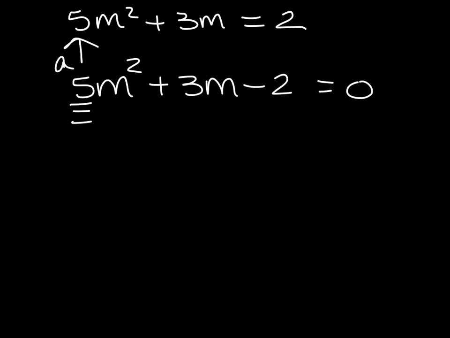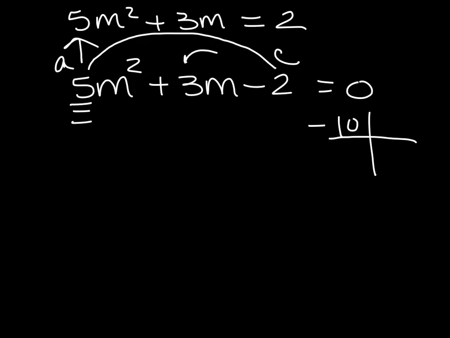Remember, this is A and this is C in quadratic form. So 5 times minus 2 is minus 10, and we find factors of minus 10 that add up to the middle term. Factors of minus 10 that add up to positive 3 would be a positive 5 and a minus 2.